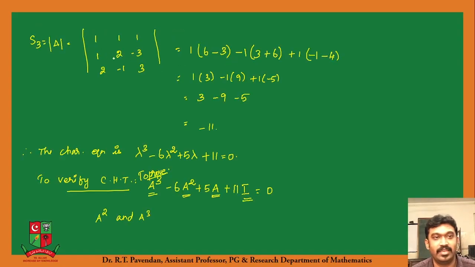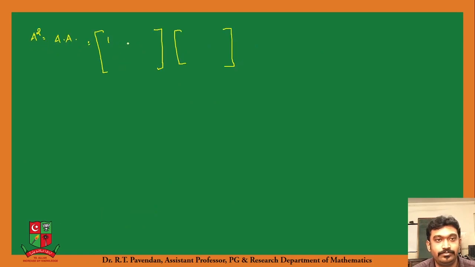So the actual matrix A is 1, 1, 1, 1, 2, minus 3, 2, minus 1, 3. So same matrix is here.